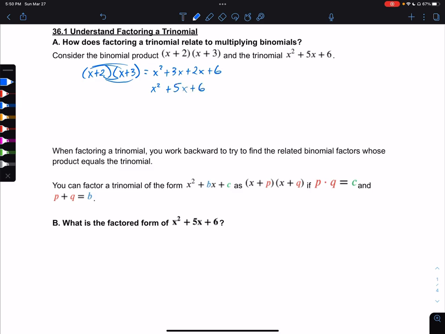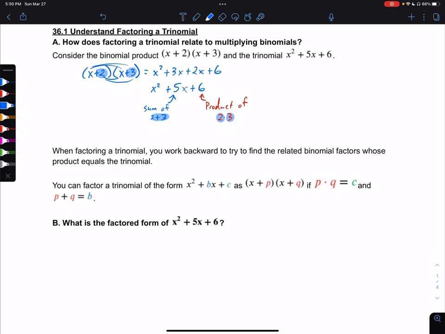Now, what you want to notice here is that this 5 is the sum of 2 plus 3, so the 2 and the 3. And notice that this 6 is the product of 2 times 3. The same thing, you're taking that 2 and that 3 and multiplying them together.